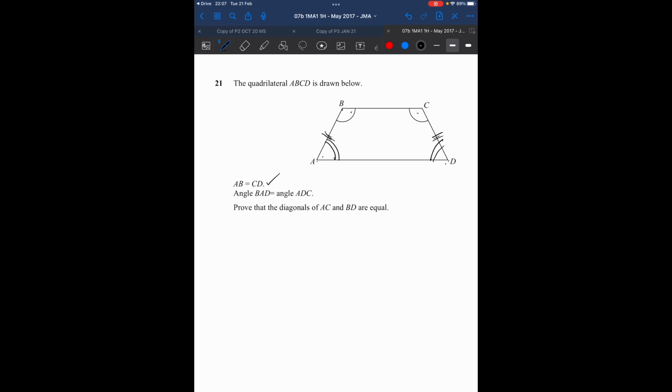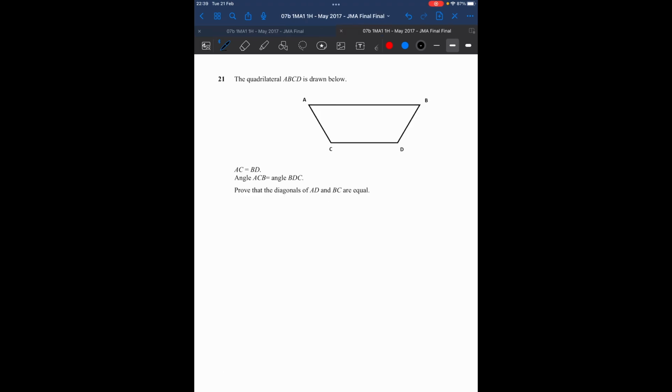Prove that the diagonals of AC and BD are equal. So how could I prove that that line there is the same as that line there? Well, the quadrilateral ABCD is drawn below. AC is equal to BD.